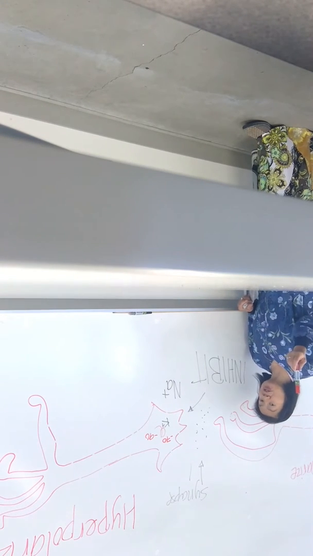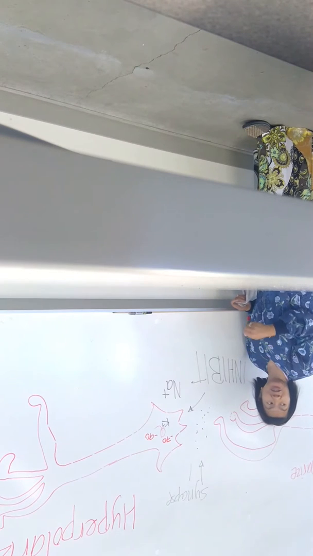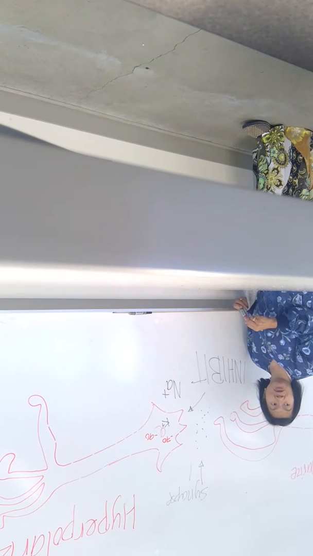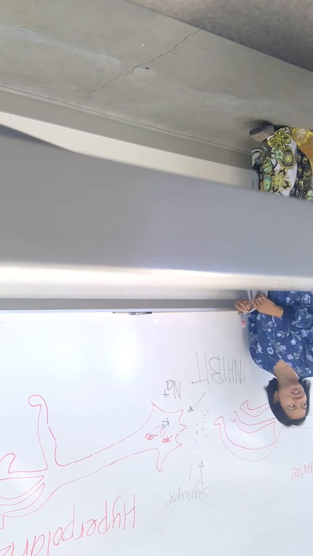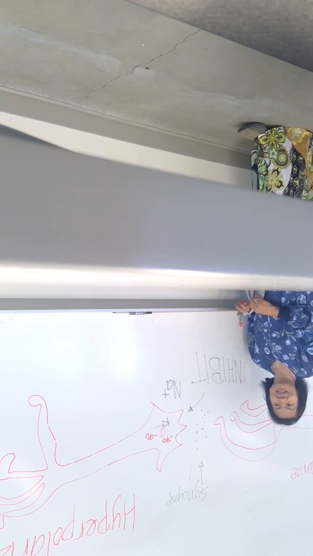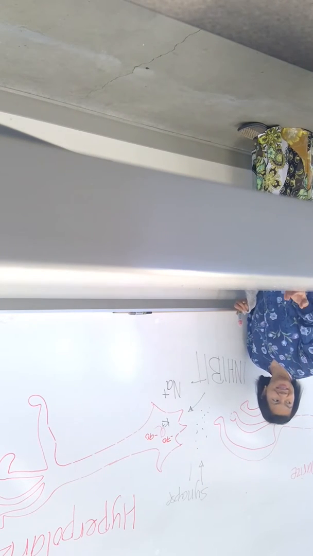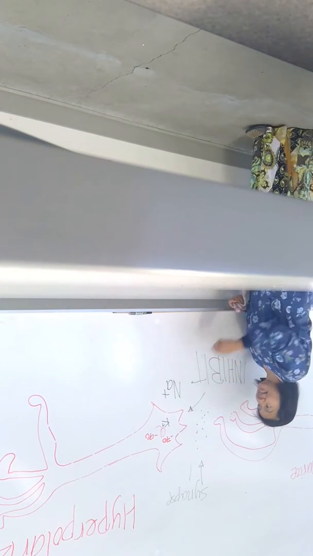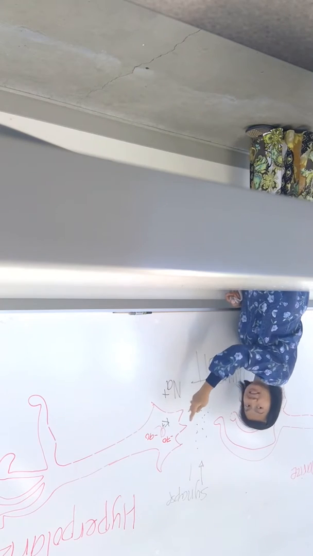Will an inhibitory neurotransmitter open potassium gates? What do you think? Yes, right. If potassium is more abundant inside, and I open potassium gates, what's the tendency?